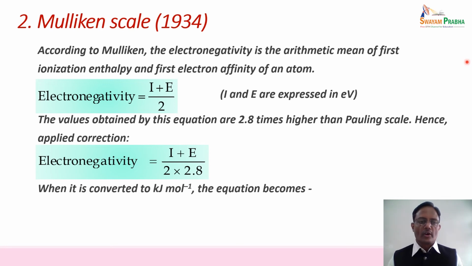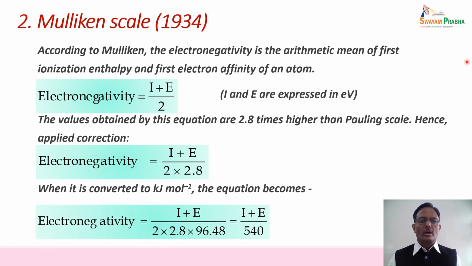This gives a uniformity. But if we want to convert the values of I and E to kilojoule per mole, then the equation of electronegativity becomes I plus E divided by 2 into 2.8 into 96.48.